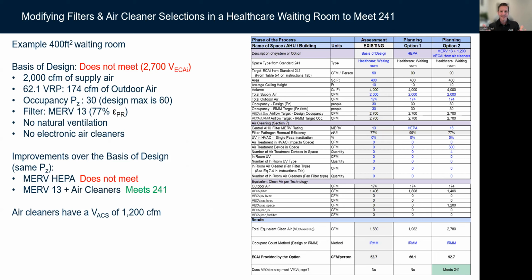And so the idea is in these healthcare waiting spaces, you need a lot of clean air. If you follow the minimum requirements of this space under the ventilation rate procedure with a MERV 13, because you as a designer knew you needed something with a 77% removal value, you really only deliver 50 CFM per person in your basis of design. You're trying to get to 90, you almost have to double it.